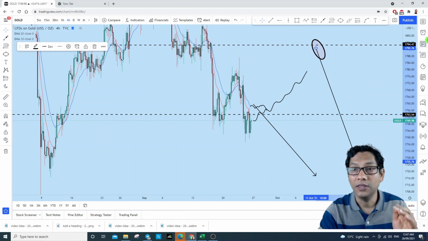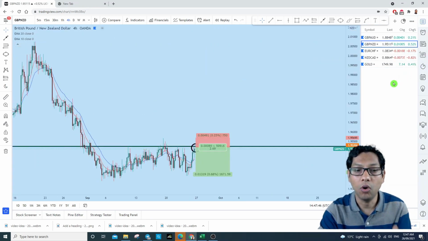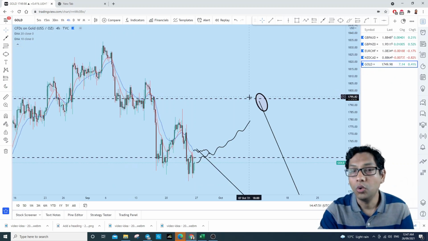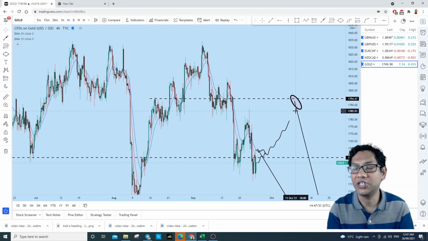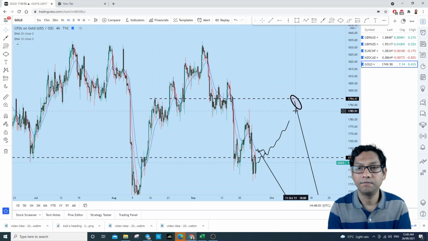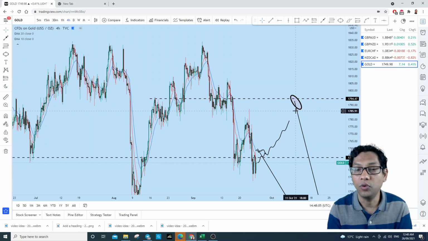As I told you, for the other pairs, say for example GBPNZD, we are almost very confident, but on gold we have to see which way the price action is moving, because gold is likely to behave a bit differently this week.